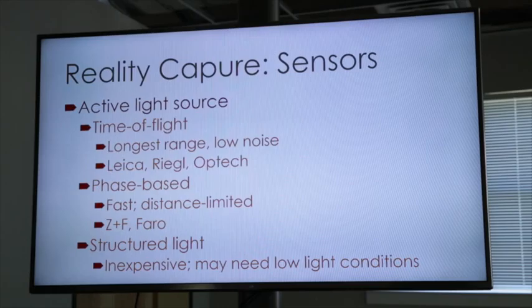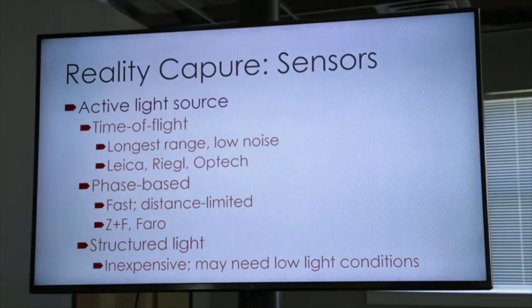Then we've got phase-based scanners, such as those from Z+F and Faro and others. These are fast. They are distance limited because they're limited to a single wavelength of code on the light beam, and so they can't go beyond whatever that limit is.